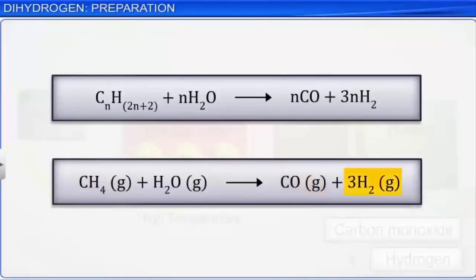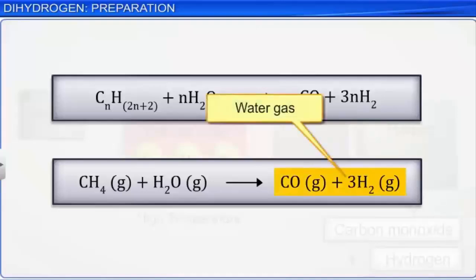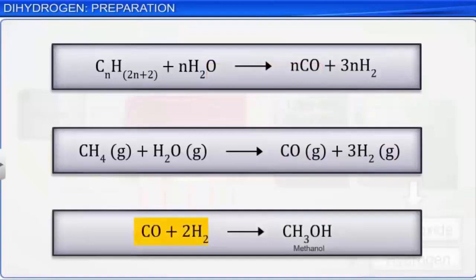The mixture of hydrogen and carbon monoxide is called water gas. Water gas is further used for the synthesis of methanol and a number of other hydrocarbons, as it produces a lot of heat when burnt. Hence, water gas is also called synthesis gas or syngas.